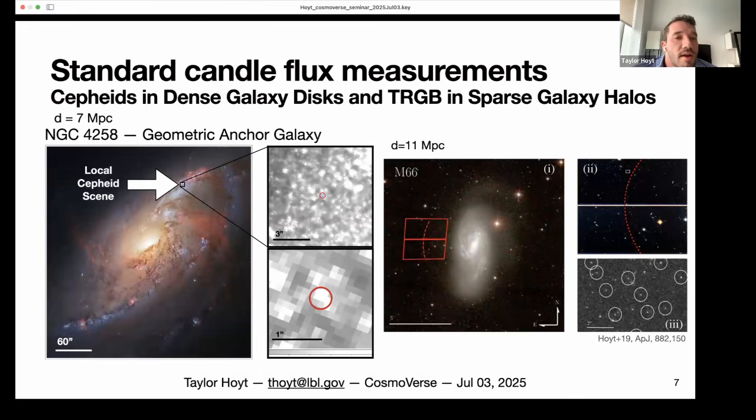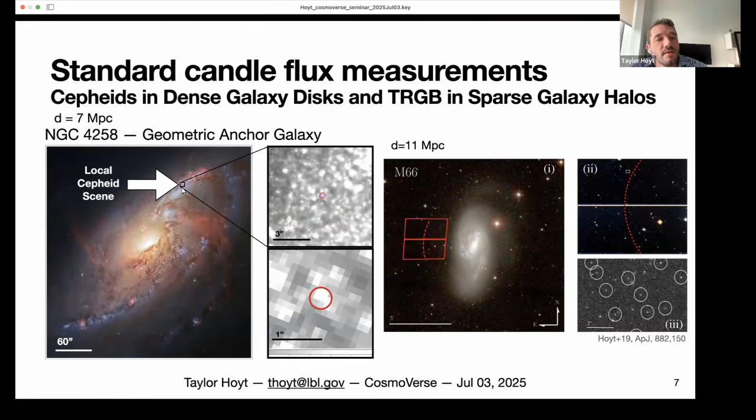So I'll qualitatively show on the left a measurement of a Cepheid in NGC 4258, which is the geometric anchor galaxy, one of the geometric calibrations in the first rung I mentioned before.